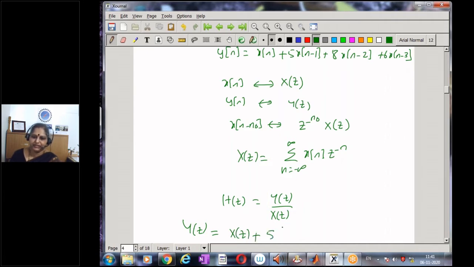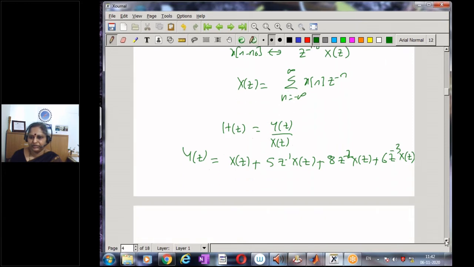The 5 remains by linearity, since the z transform satisfies the linearity property. And x of n minus 1, by the time shift property, becomes z inverse X of z. Similarly, x of n minus 2 has a z transform z to the power minus 2, and hence by linearity, 8 z to the power minus 2 X of z, plus 6 z to the power minus 3 X of z.